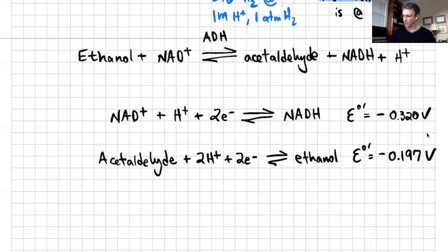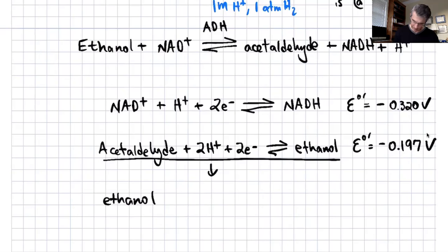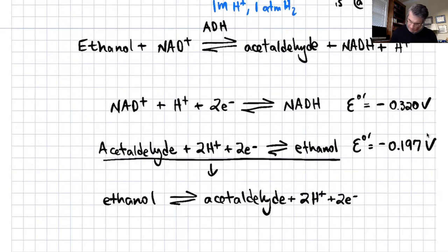So you change this one to ethanol goes to acetaldehyde plus 2 protons plus 2 electrons. The standard reduction potential in that direction is now plus 0.197 volts.